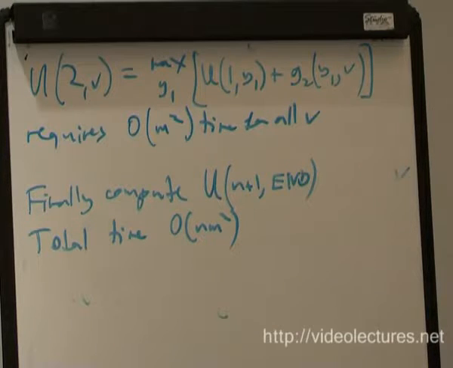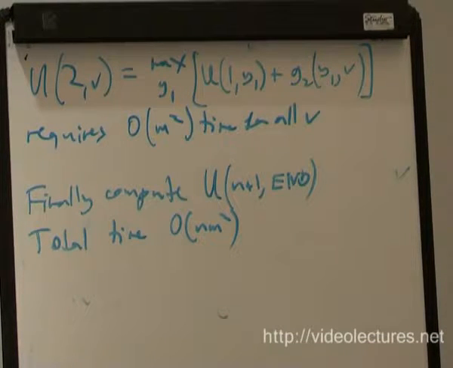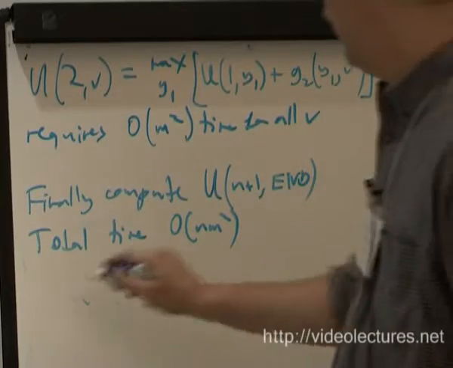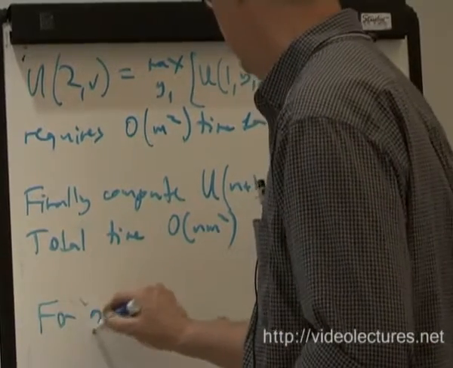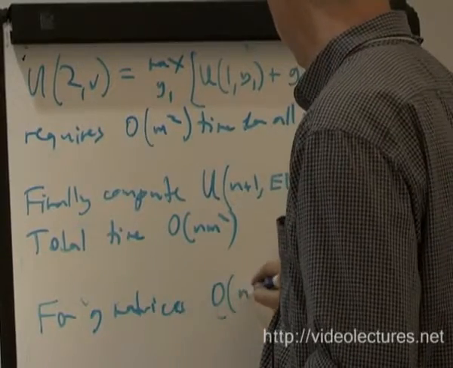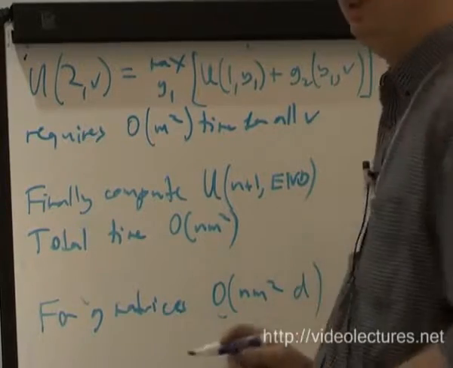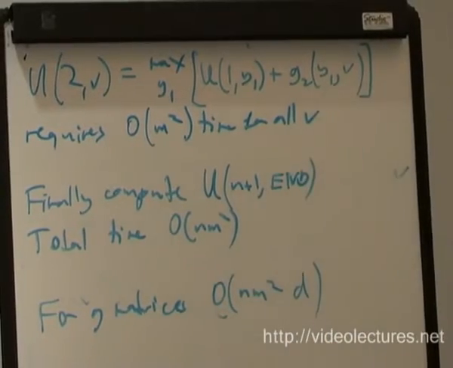And the time for calculating the G matrices, I think I said, for G matrices, it was order n m squared d. So this is going to dominate this, but both of them are polynomial.